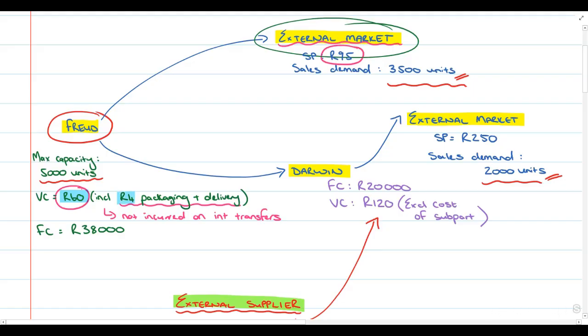So 4 Rand is saved on internal transfers. We then add any incremental fixed costs. So are there any additional fixed costs that are incurred as a direct result of the transfer? No. Question is silent, so nothing. And the last thing we need to do is we need to add an opportunity cost.